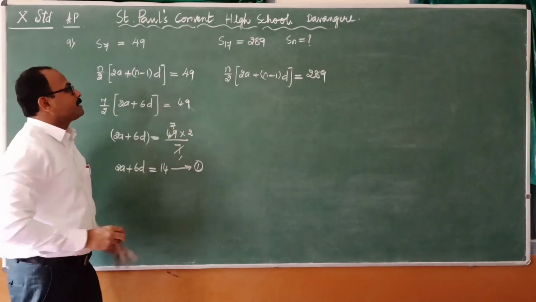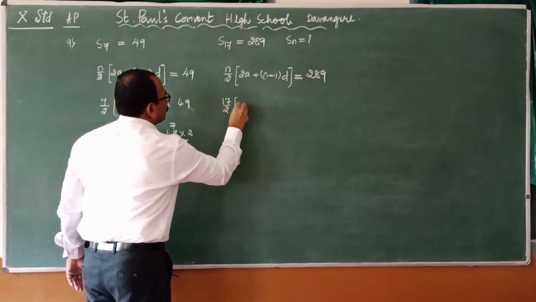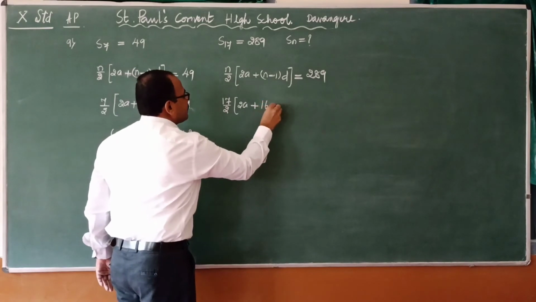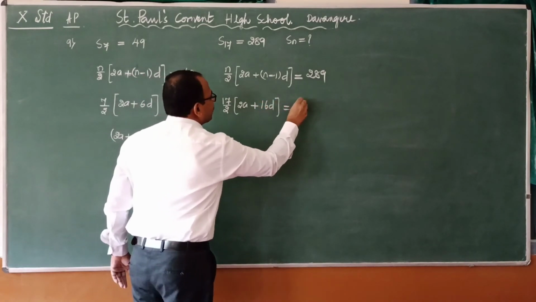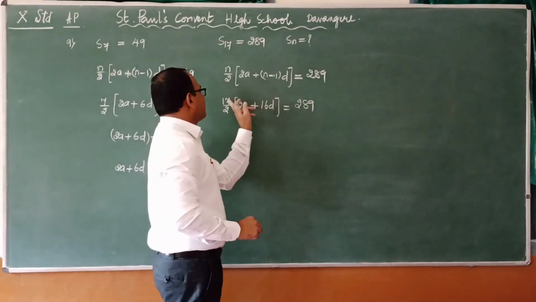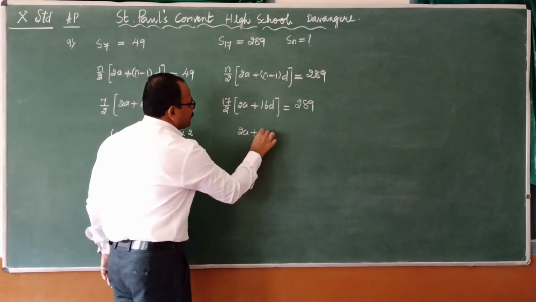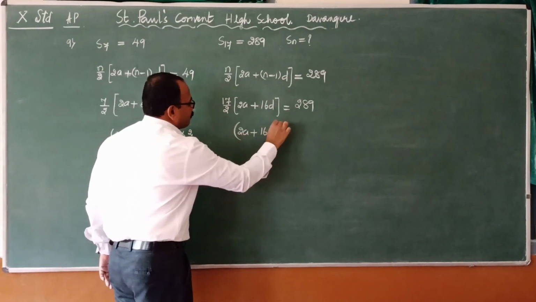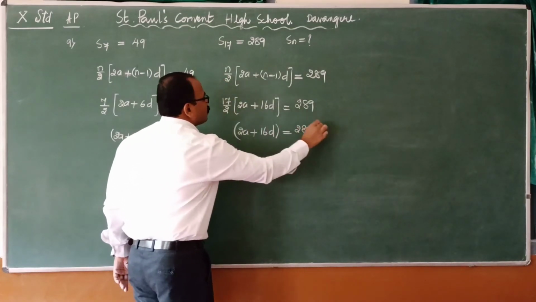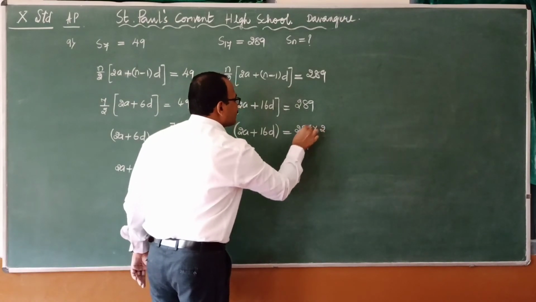In the same way, simplify the second one. This is 17 by 2, 2a plus 17 minus 1 becomes 16d. This will be equal to 289. 2 comes up, 17 comes down by cross multiplication. 2a plus 16d will be equal to 289 into 2 by this 17. 17 times 17 is 289.